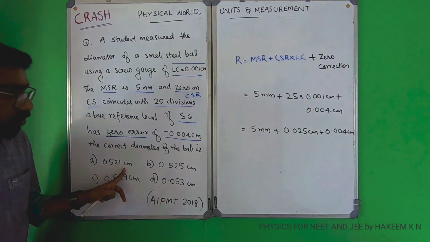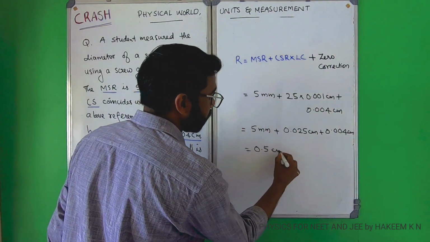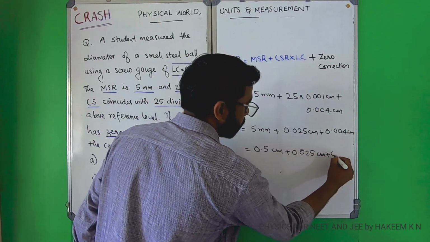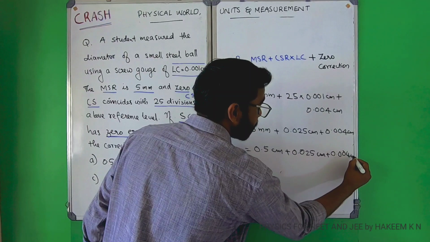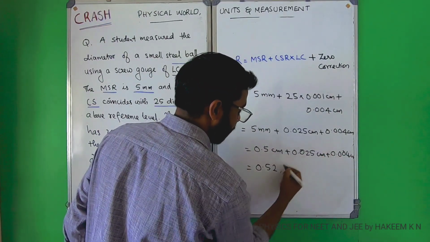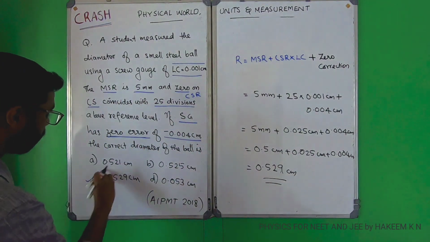Answer is in centimeter, right? So 5 millimeter is actually 0.5 centimeter plus 0.025 centimeter plus 0.004 centimeter. We will get 0.529 centimeter. Option 3 is the right answer.